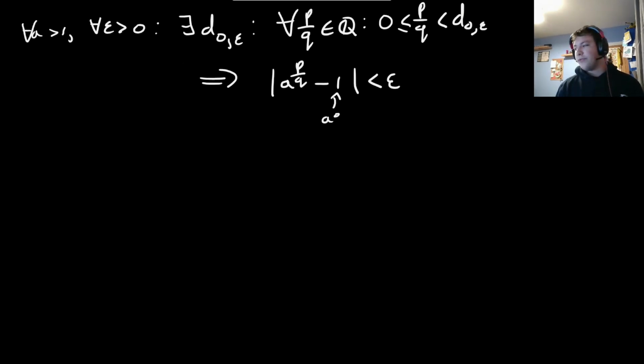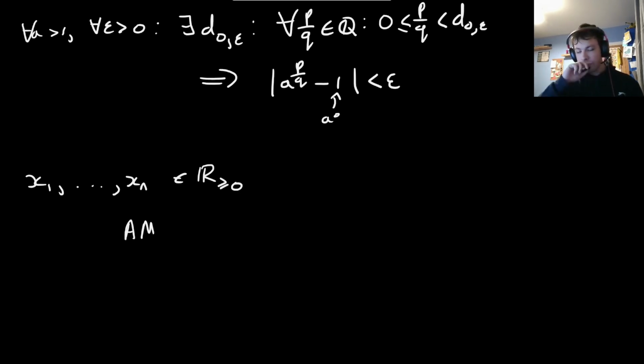And the way I proved this is using the AM-GM inequality. So if we have numbers x_1 to x_n, which are all real and greater than or equal to 0, their arithmetic mean, which is the usual mean, is 1 over n times the sum from i equals 1 to n of x_i.